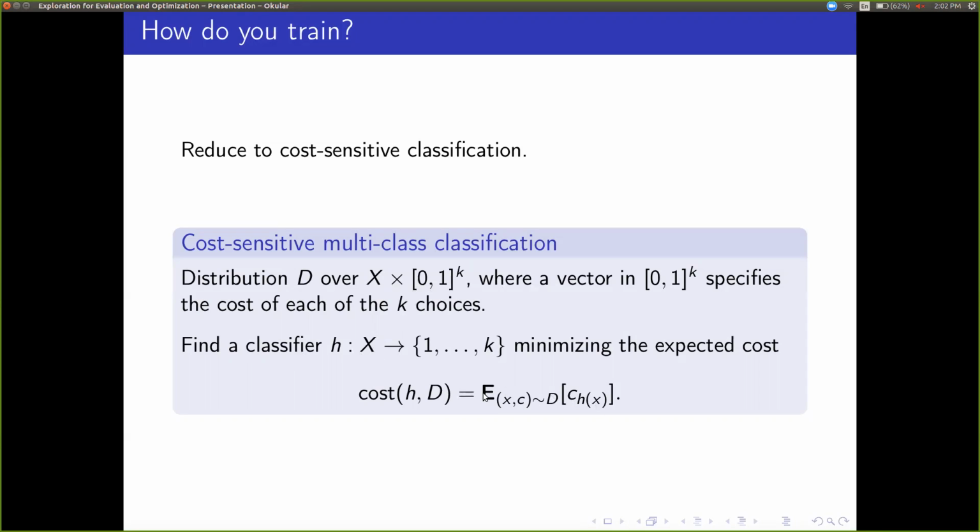So we have this expectation over x and the vector of costs, of the cost of the chosen action according to the hypothesis H.